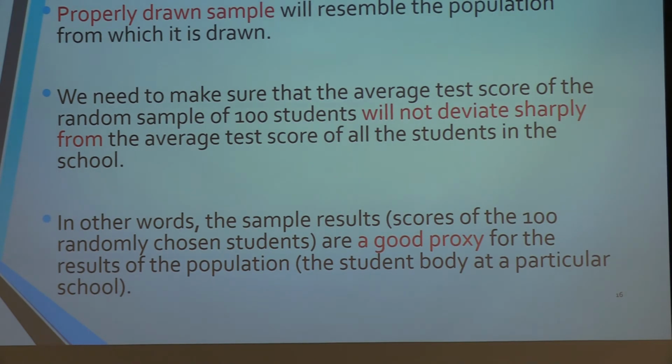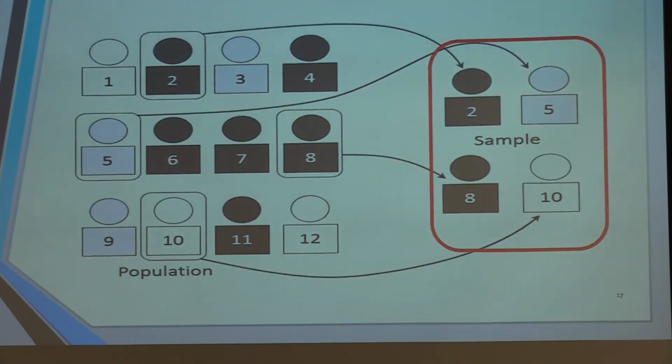In other words, the sample results of the randomly chosen students are a good proxy, very similar, for the results of the whole population, the 1,000 students in your school. So we'll use this method. We just draw samples randomly from the whole population and form a smaller pool, and we test this smaller pool.